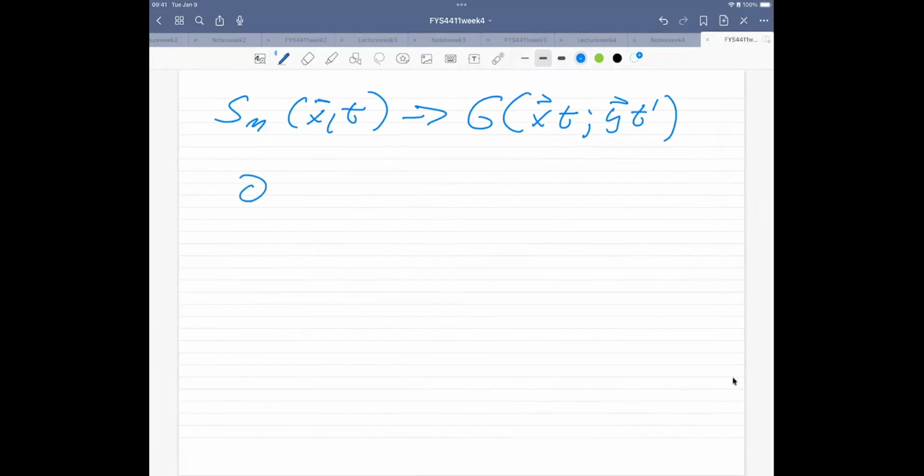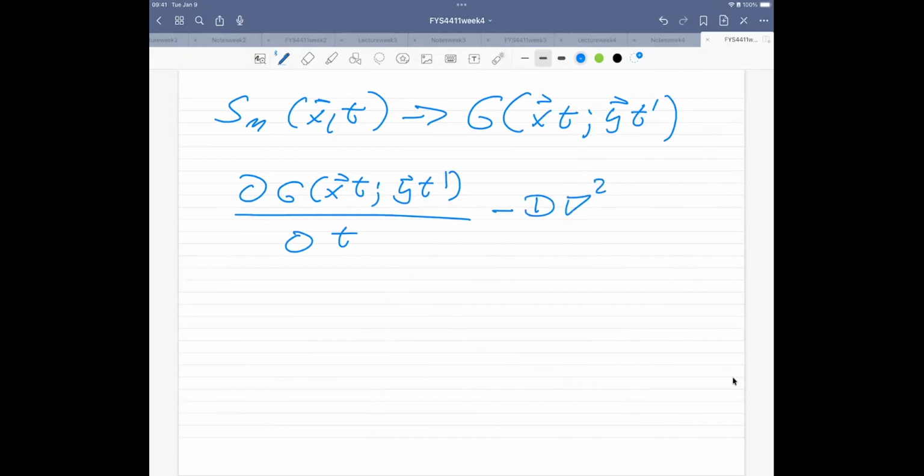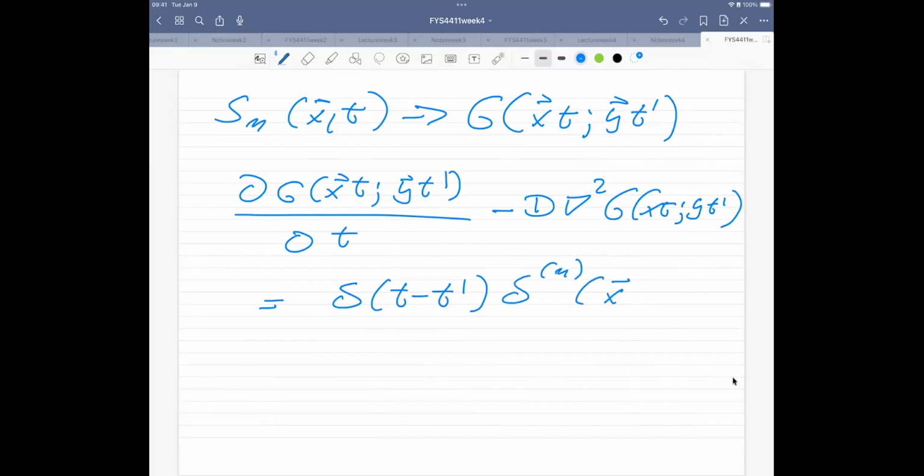But this is a special solution to the diffusion equation, because if I take the derivative with respect to t of G(x,t; y,t') and then subtract the second derivative of the function, this is equal to a delta function of t minus t' multiplied with a delta in n dimensions of x minus y.